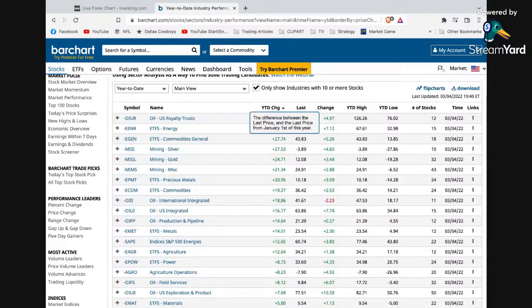So when it goes up, it's good for everybody in that industry and sector. And when the macroeconomic factors change, and the price of money is a big part of that, it's devastating for all of the companies in that industry.